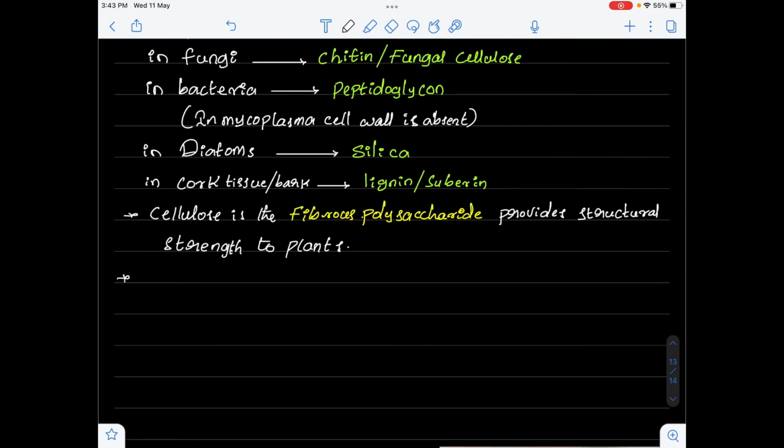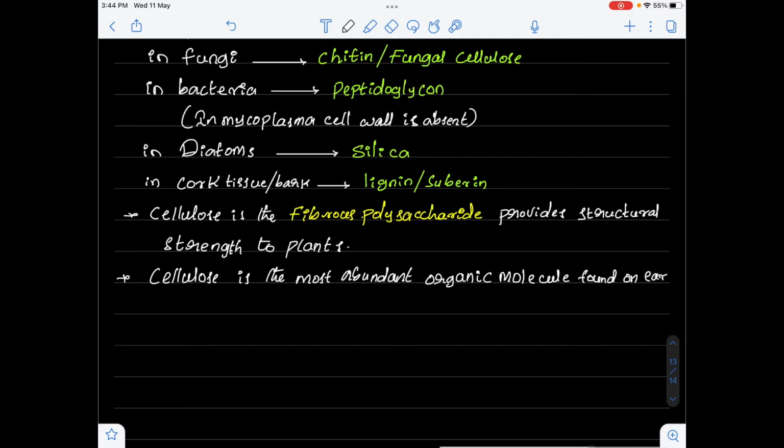Cellulose is the most abundant organic molecule found on earth.